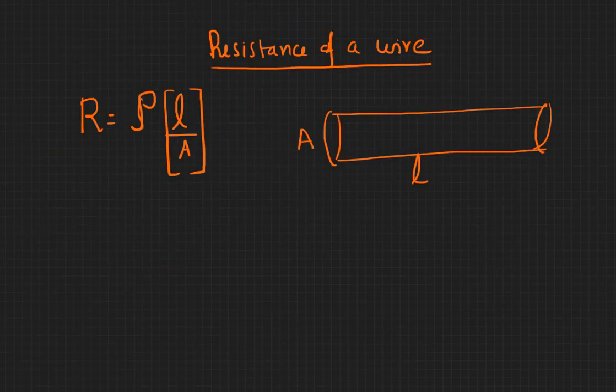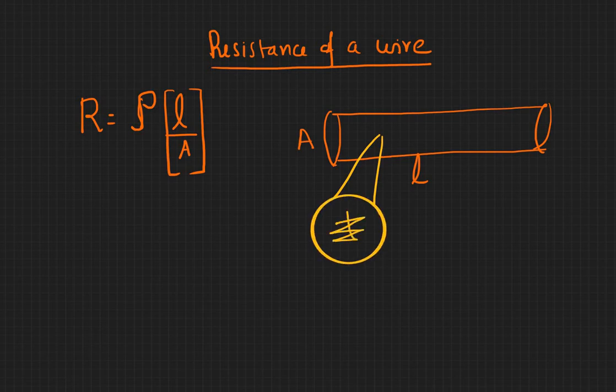Now let's assume we have a wire made up of a specific material with a cross-sectional area of A and length L. Depending upon the type of the material, the number of collisions that happens as the electrons move around will be more or less. So the material property of this wire determines how much resistance it is going to offer, and that property we call resistivity.